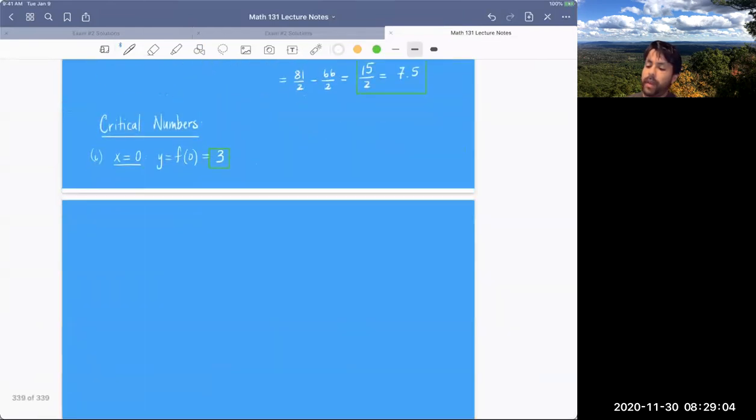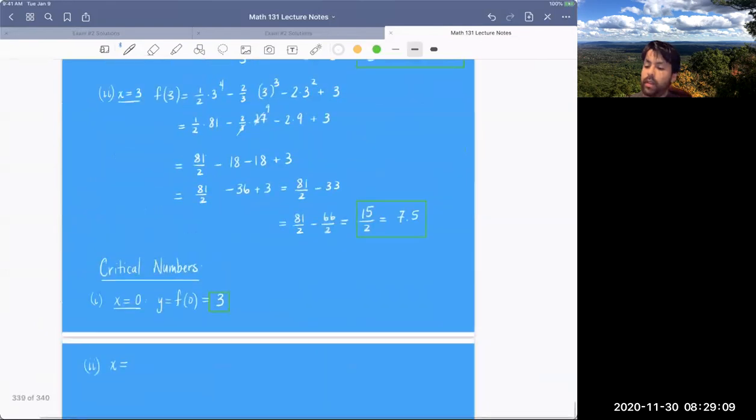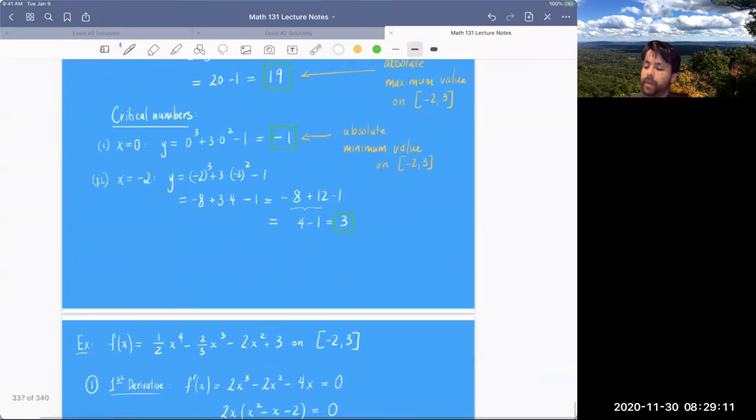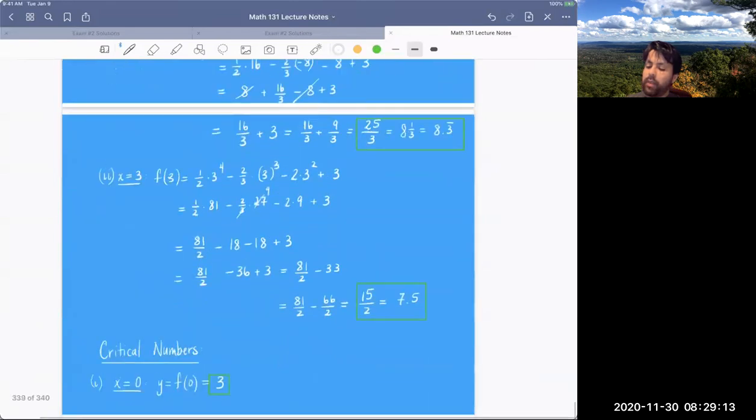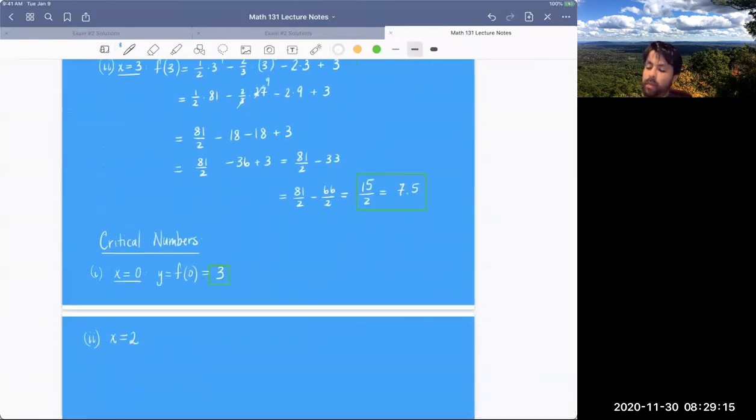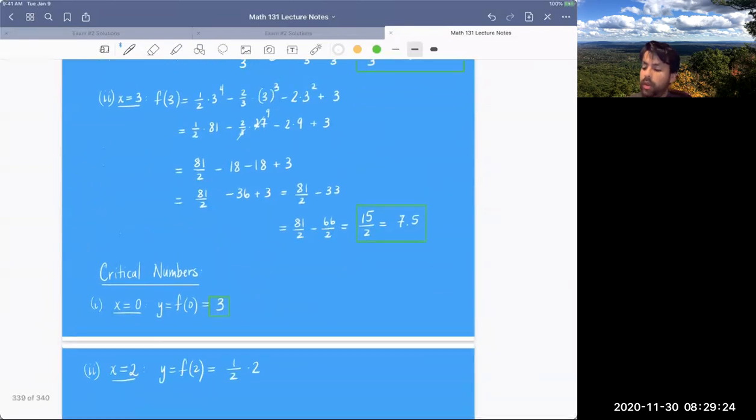Okay. And then what's my x value? The next one will be 2. So y equals f of 2. So again, this is 1/2 times 2 to the 4th minus 2/3 times 2 cubed minus 2 times 2 squared plus 3.